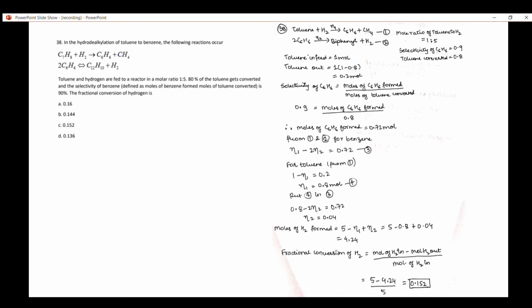So fractional conversion of hydrogen is equal to moles of hydrogen at the inlet, which is 5 moles, minus moles of hydrogen out, which is 4.24, upon moles of hydrogen at the inlet, which is 5. So the correct answer is 0.152, which is option C.